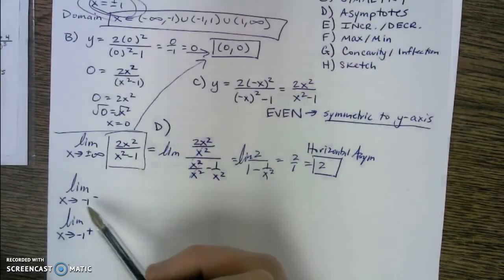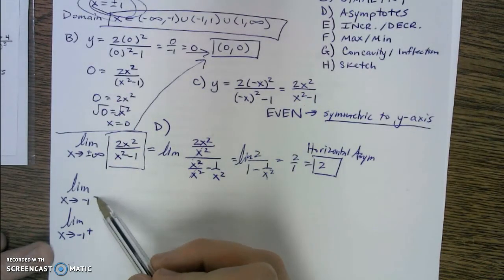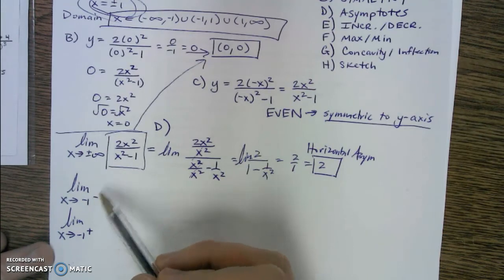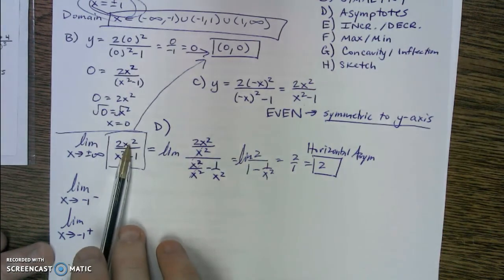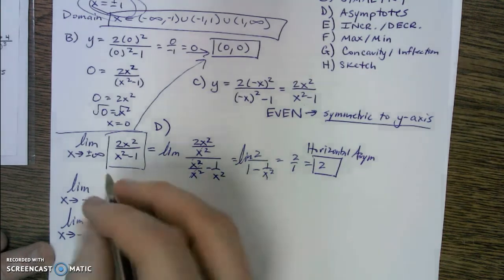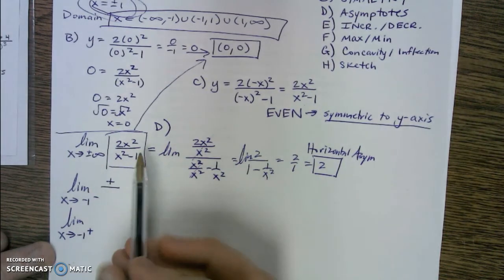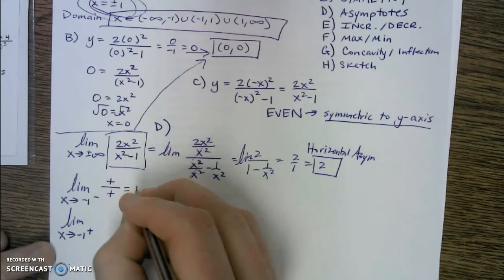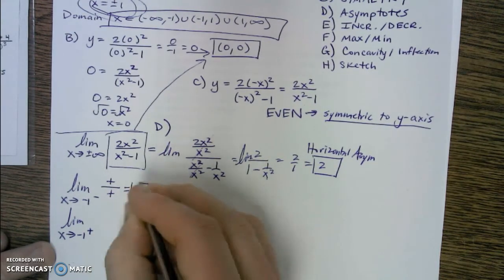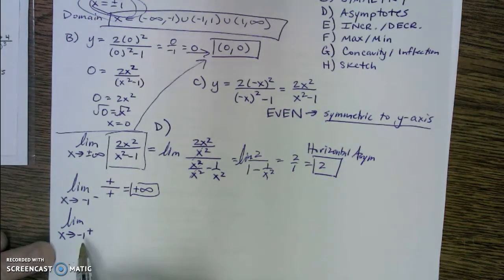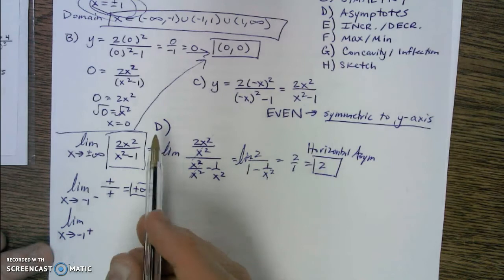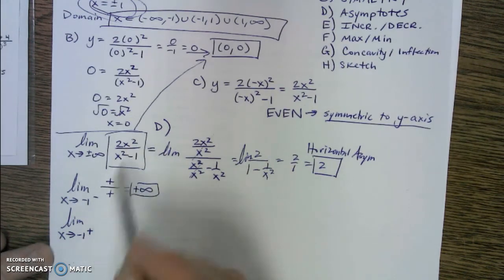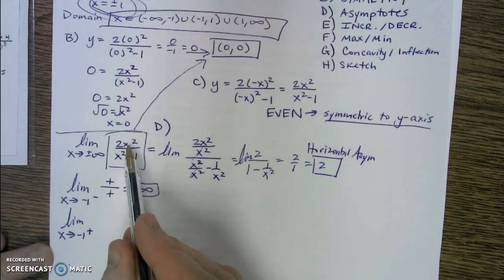So if I plug in something to the left of negative 1, something smaller, say negative 2, I'm going to get a positive on top, and I'm going to get a positive on the bottom. So this is going to go to positive infinity. If I test something to the right, say 0, well, 0 doesn't help me because that doesn't tell me positive or negative.